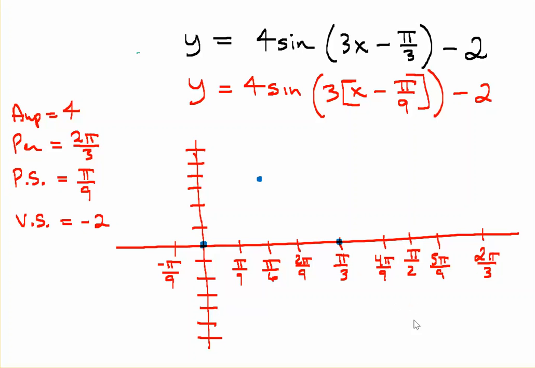Then halfway through here, it's going to hit a negative 4. And eventually get up to 0 at 2 pi over 3. Okay, those are my dots. I've taken care of amplitude because I raised it 4 instead of 1. And I've taken care of the period. I got the 2 pi over 3 and divided it into 4 pieces.